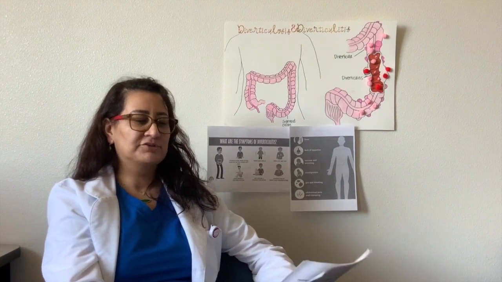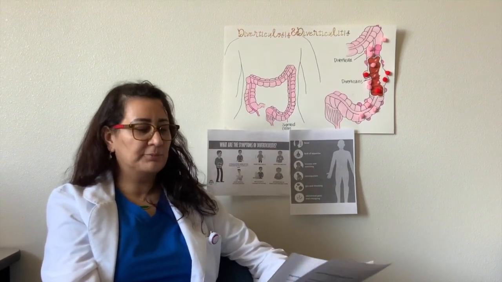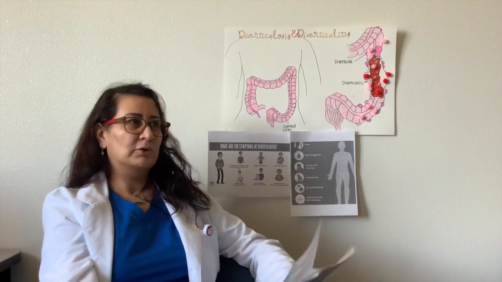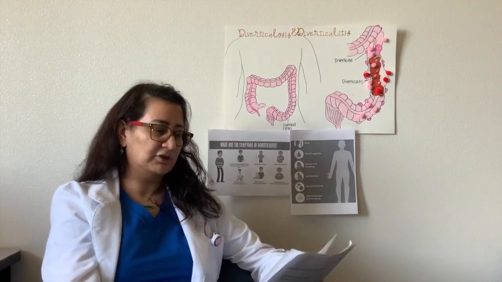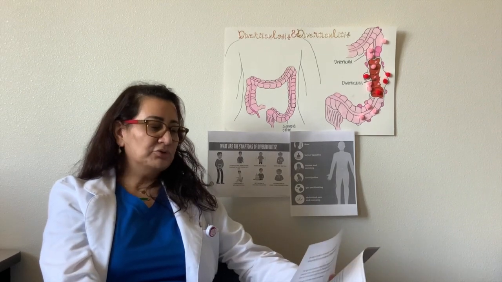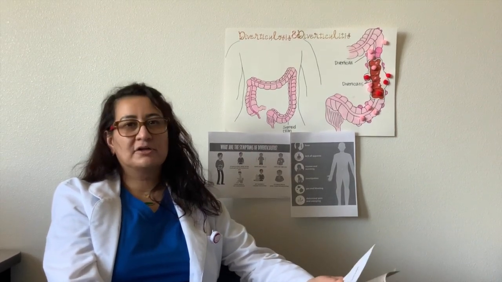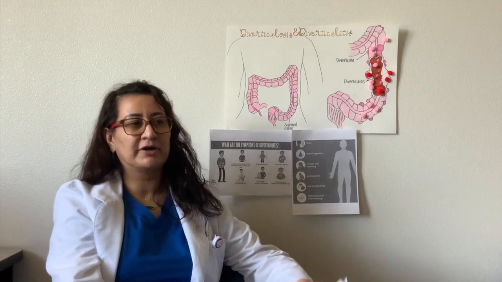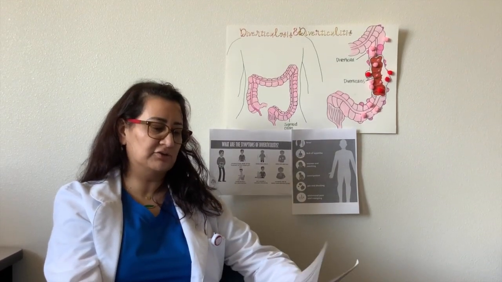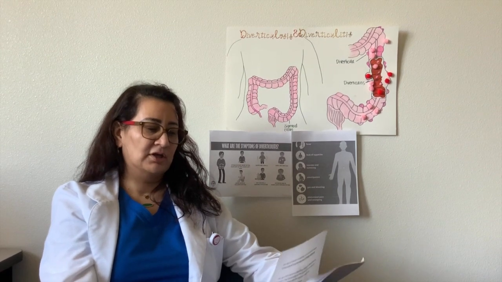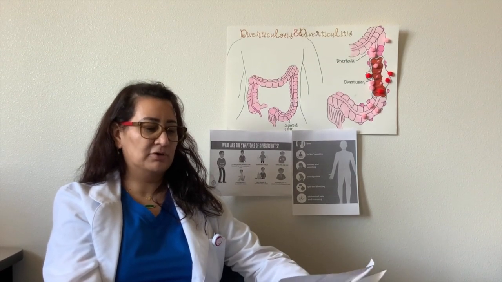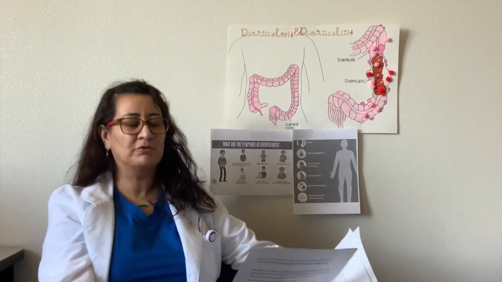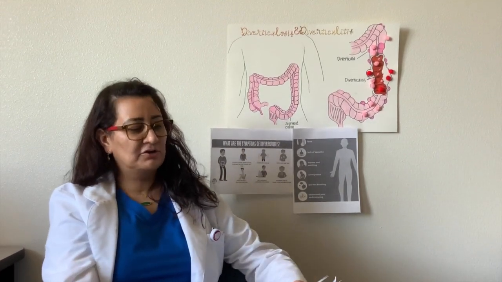Sometimes patients will have abdominal pain or cramping in the lower quadrants, left and right, but not much. It's sometimes diagnosed as a secondary finding when a colonoscopy or sigmoidoscopy is done, things like that.